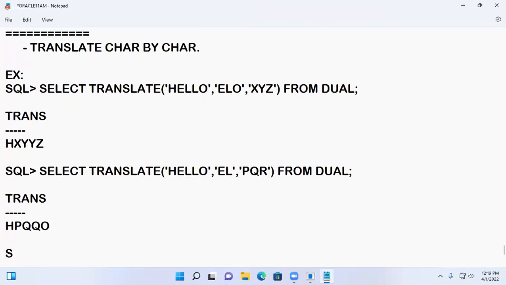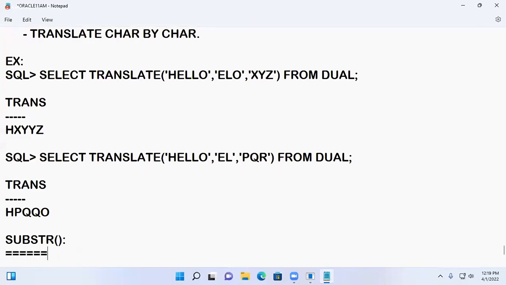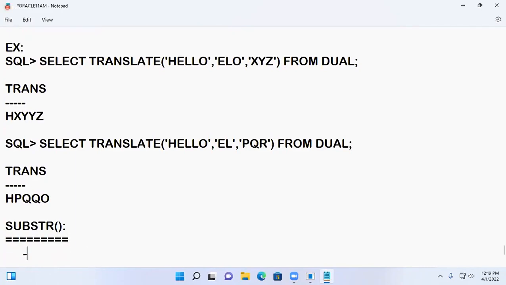Okay, next, text adding substring. Take substring. Okay, observe. What does substring mean? Here observe.